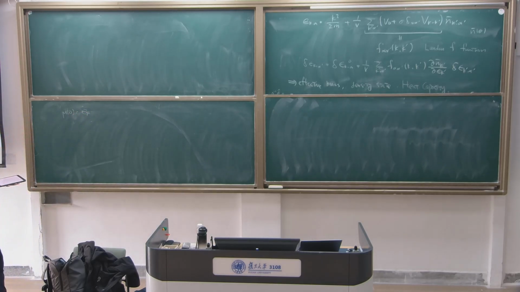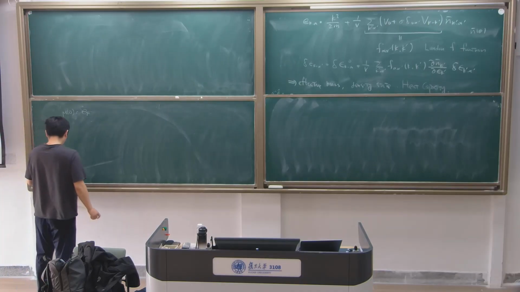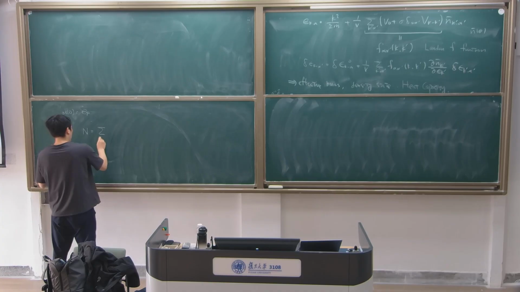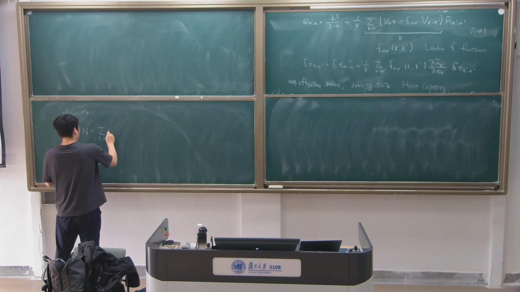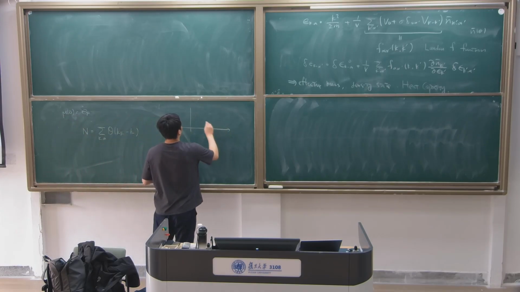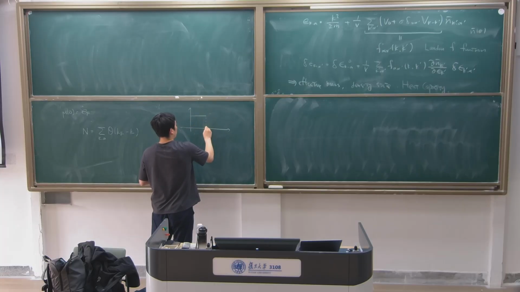And then the number operator can be written as follows: sum over k alpha of theta of E_F minus E_k. So even at zero temperature, even with interaction, we have the same thing.